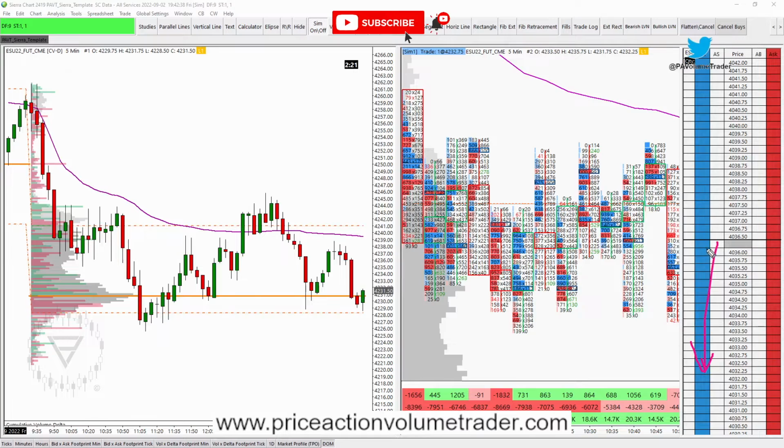Because let's say between here and here, altogether you've got, I don't know, 100 contracts to buy resting over here, and I'm right here and I just hit market sell 200 contracts, I'm going to consume everything here immediately and probably end up around here as I consume 200 contracts to sell.